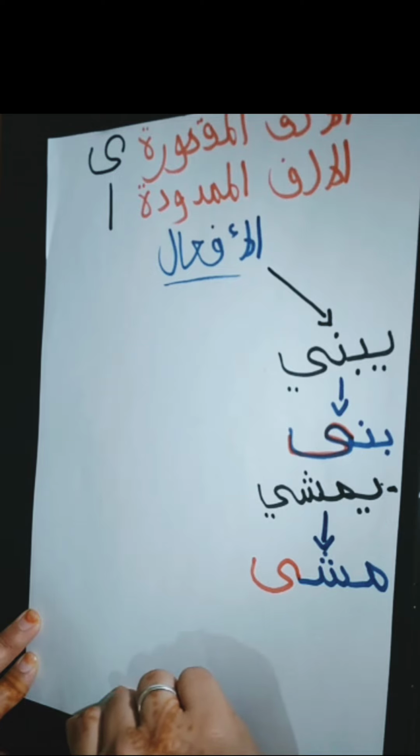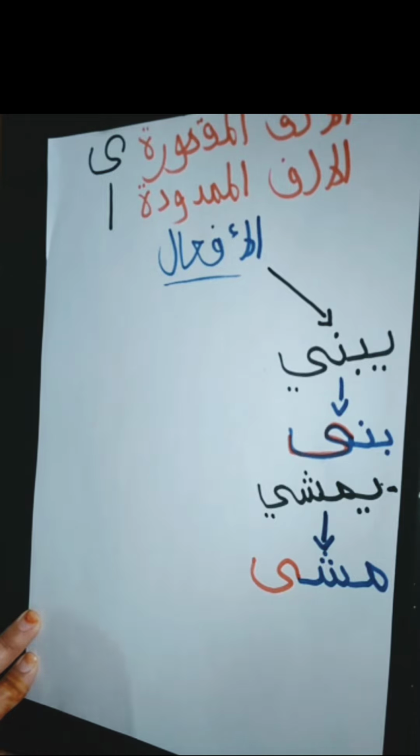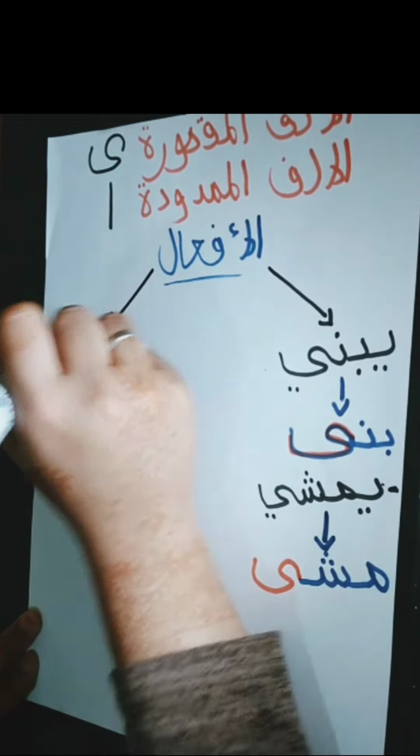We will do the same thing as we did with الألف المقصورة. I will give you one verb, ينجو.